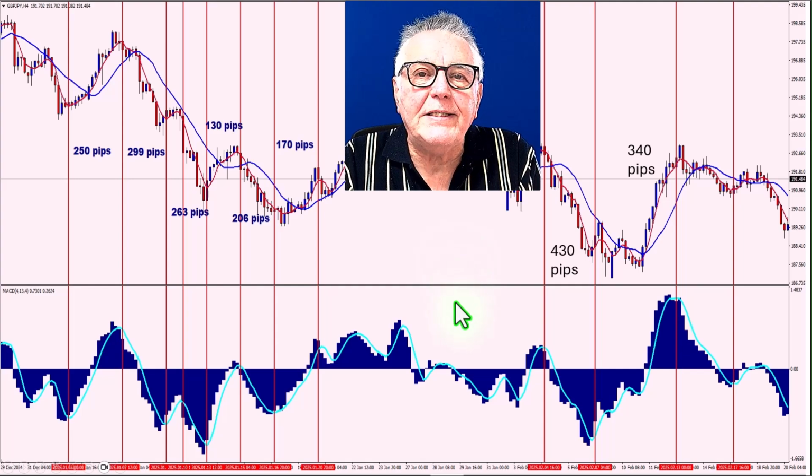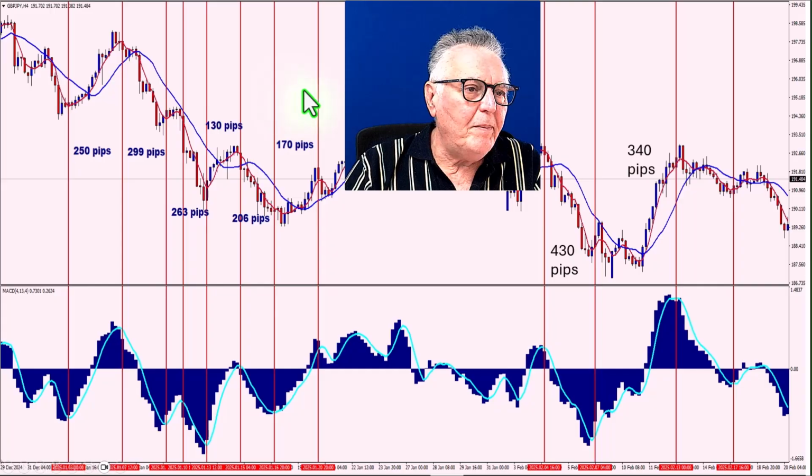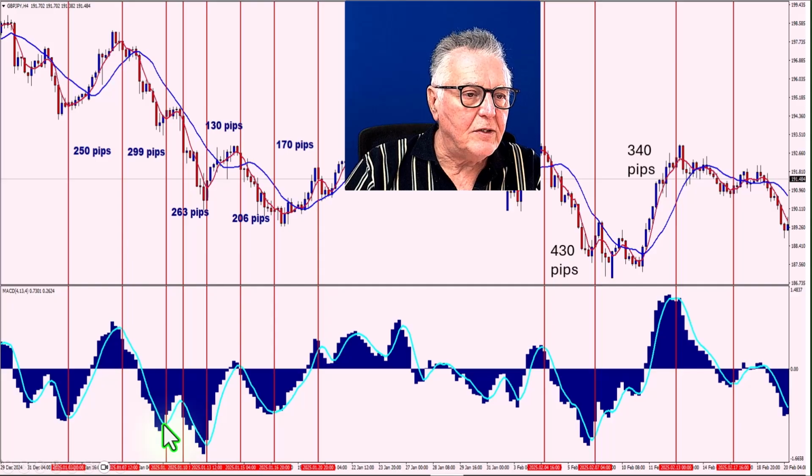So let's have a look at some more examples, and here's a whole lot of examples. Let me go through them one by one. Here you can see, I think this is the one that I just showed you. The signal line crossed over, that was a signal to buy, and then it kept you in the trend all the way. There's a signal to sell, boom. And then the same thing happened in reverse, so it goes, stay in the trend, stay in the, oh no, get out here because the market is starting to go sideways.